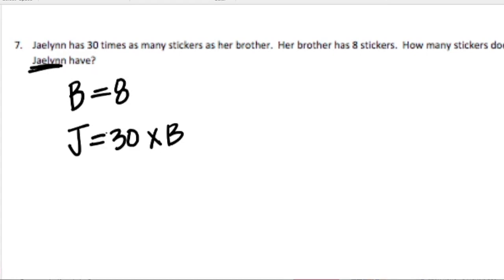So hopefully you followed that. Here I am turning the words into an expression, right? This is the J. Has means equal, right? If you have something, then it's you, right? I have $1, right? We can say that is me, right?